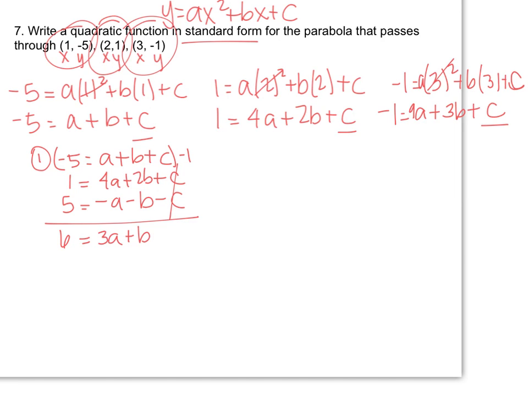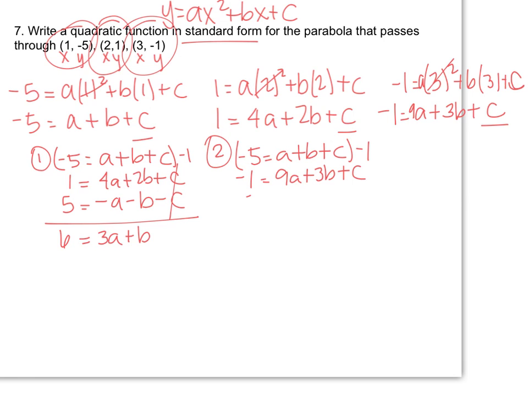So step 2, we're going to use 2 other equations and eliminate the same variable. So I'm going to choose the first equation and the last one. Now one of them I would need to multiply by a negative. It doesn't matter which one.